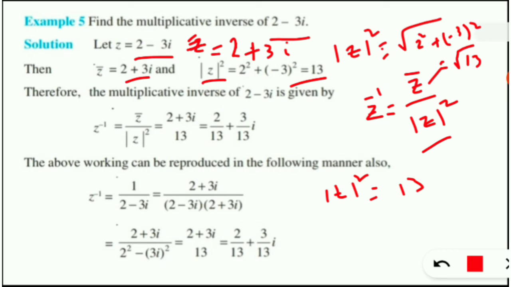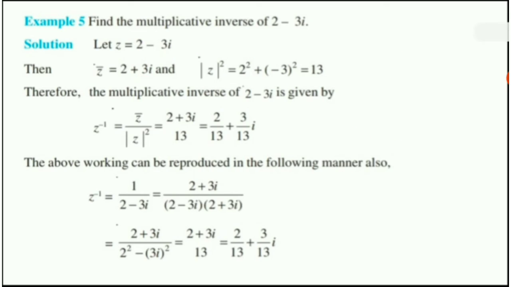Now we put the values of z bar and mod z square in the formula. z inverse equals z bar divided by mod z square. Here z bar equals 2 plus 3i, so 2 plus 3i divided by mod z square, that is 13.